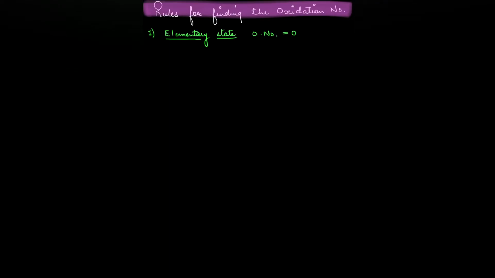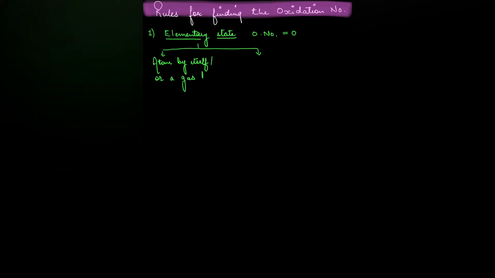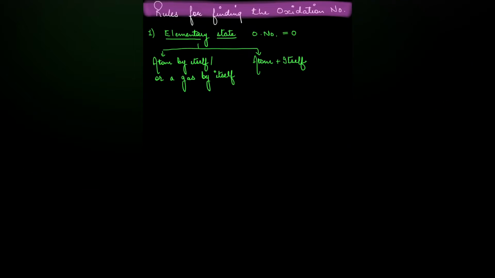Now the term elementary state means if an atom is by itself or a gas is by itself, or when atoms combine with itself, then these conditions are termed as elementary state.